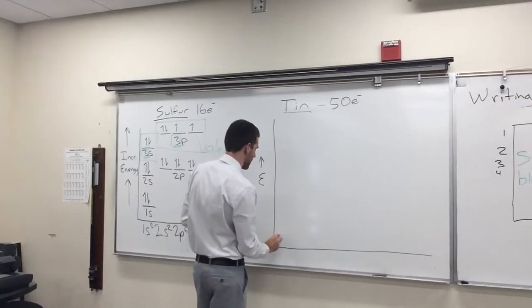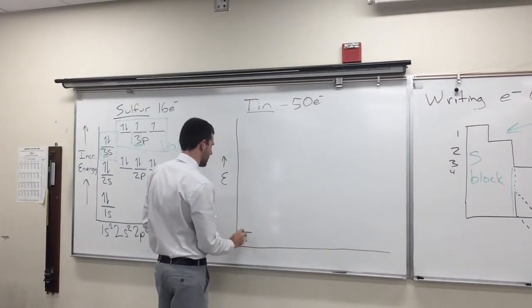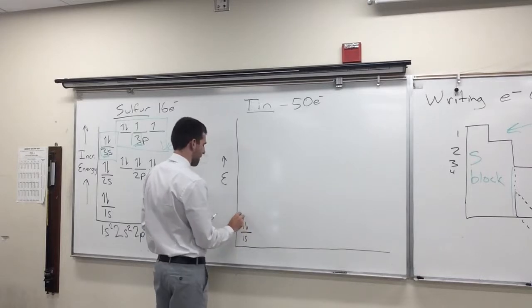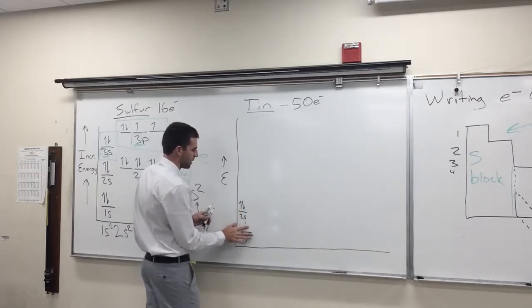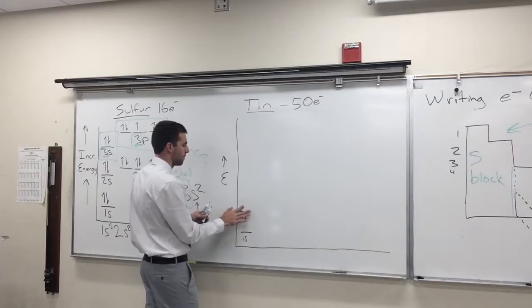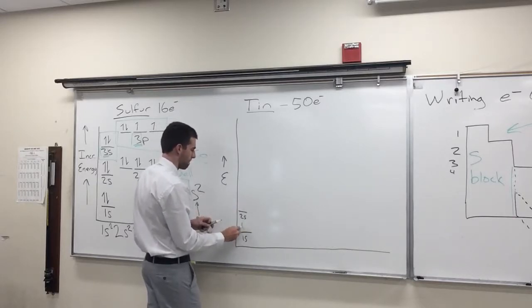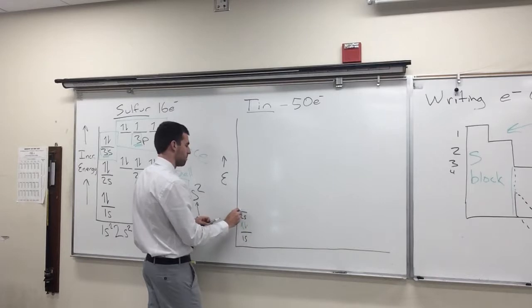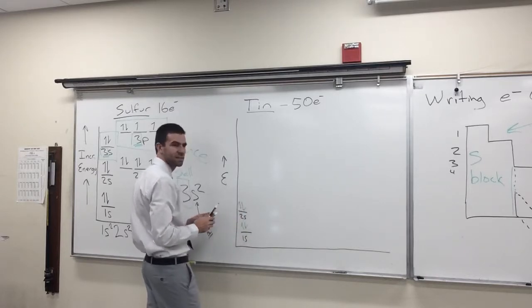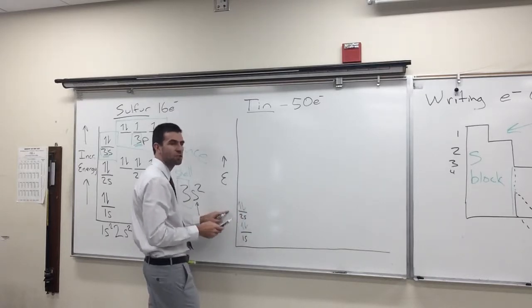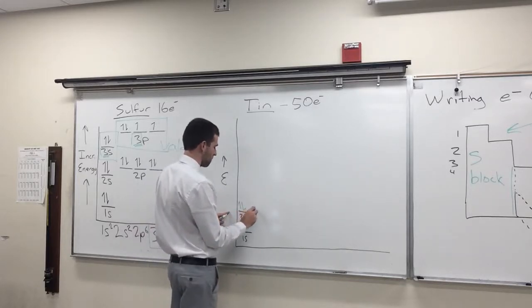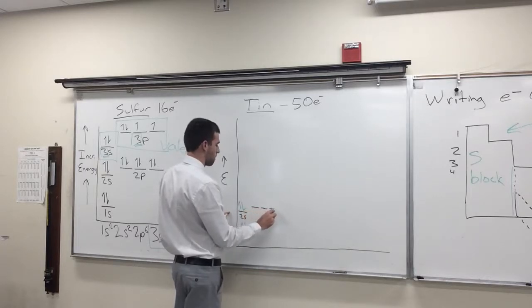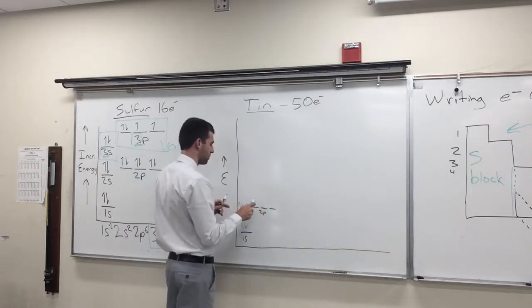1s. If you look at the Aufbau diagram you have, 1s. What's going to be next? 2s. Right? Sorry, let me do these arrows in different colors so you can see them better. That'll be better. Now what's next? After 2s, what do we have next? 2p. Which is right here.